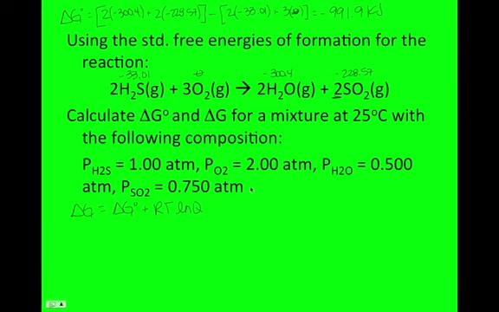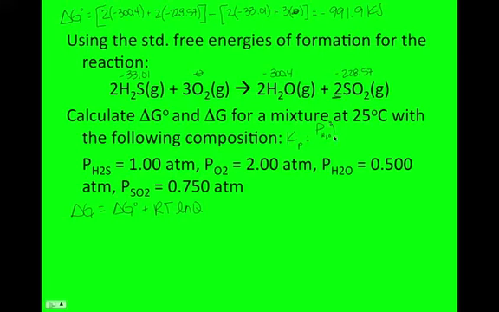So if you're going, okay, I totally forgot how to write K. Well, since we're dealing with gases and all of our information was in pressure, it's going to be Kp, equal to the partial pressures of the products over the partial pressures of the reactants. And so each product, we've got the partial pressure of water, and that is going to be squared.